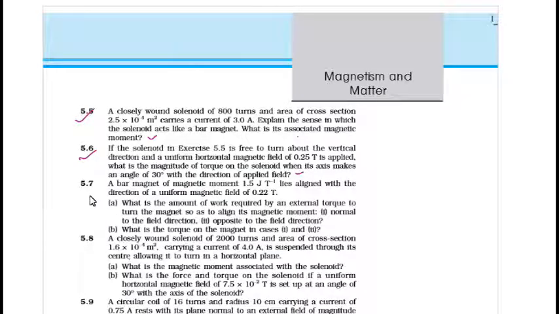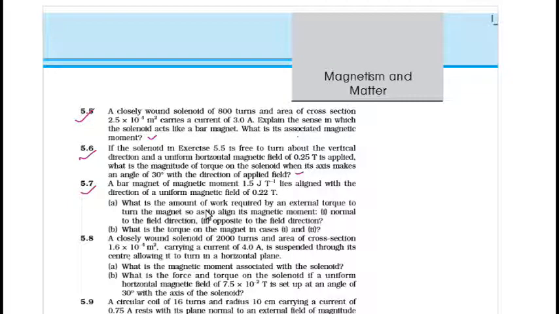Next question is 5.7. A bar magnet of magnetic moment 1.5 joule per Tesla lies aligned with the direction of a uniform magnetic field of 0.22 Tesla.